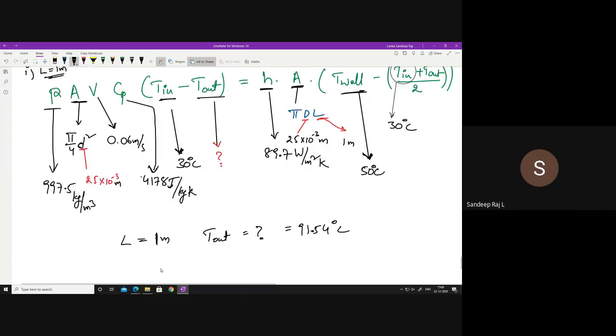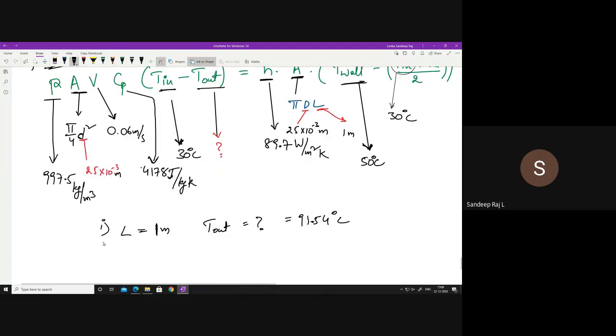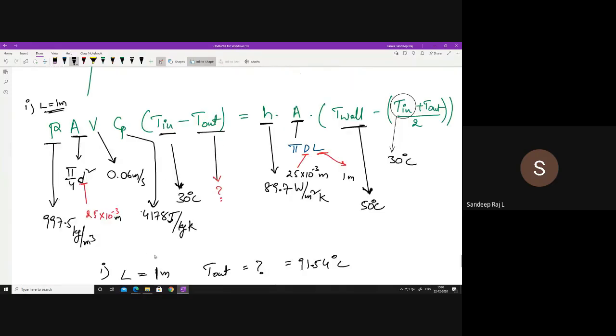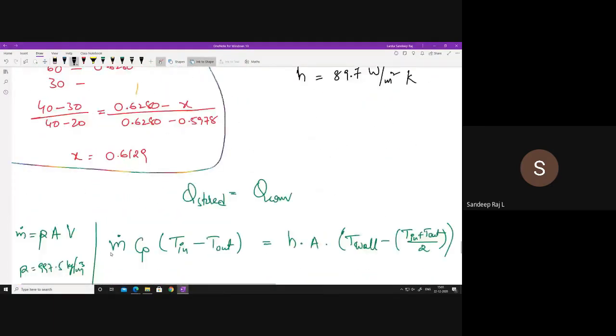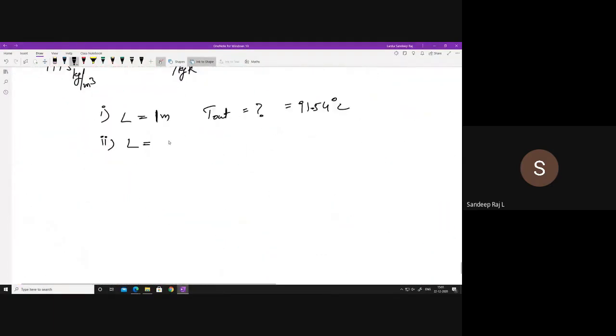The same thing you do when L is equal to 4 and 10. L is equal to 4 meter, what is T out? L is equal to 10 meter, what is T out?